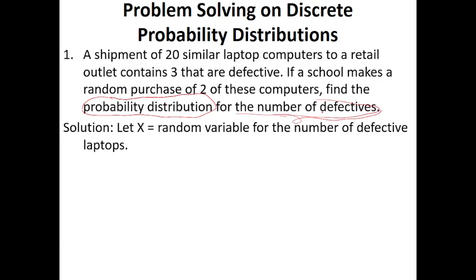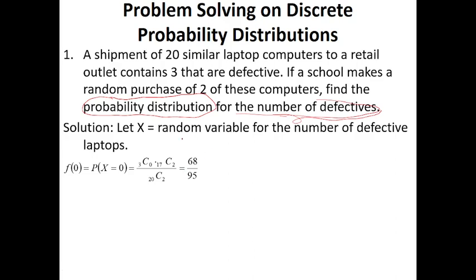So the random variable here is the number of defective laptop computers. Let X be equal to the random variable for the number of defective laptops. In that case, we solve for the probability for 0 defective laptops.